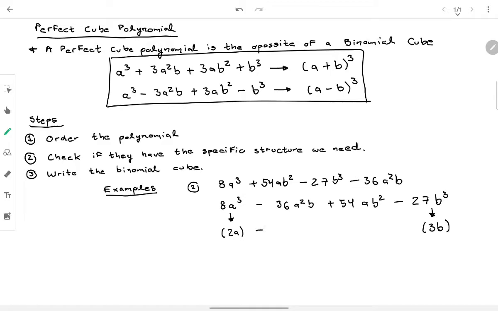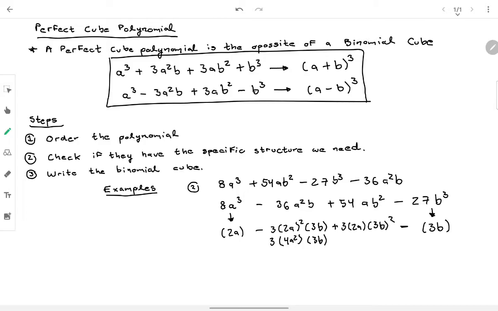Then check out if the middle ones have the structure we need. So the second one, it's negative, must be 3 times the first one squared multiplied by the second one. The other one must be 3 times the first one multiplied by the second one squared, minus the last one. So let's check out. This one is 4a squared, that multiplies 3b, that multiplies 3.